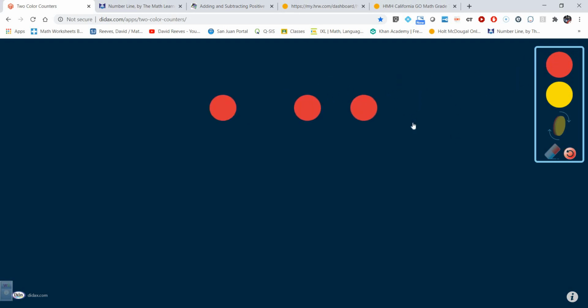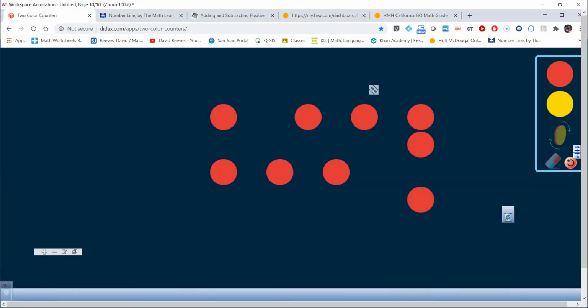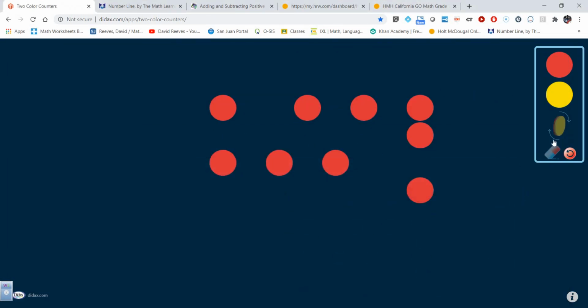If I want it to get smaller, -4, -5, -6, -7. Now I know what some of you are thinking. Well, wait, that's not getting smaller. There's more of them, but there's more negatives, right? So as I add these reds, which direction am I going? As I add these reds, it's getting more negative, okay?